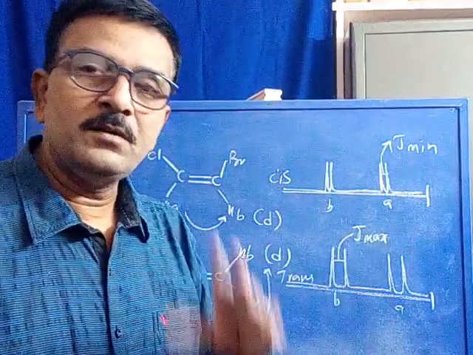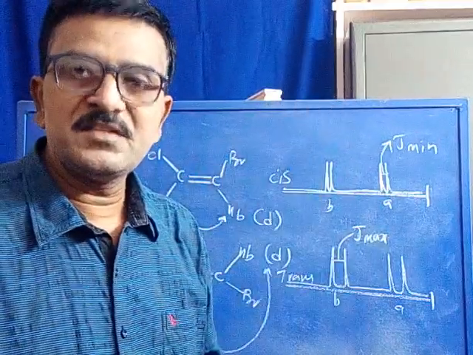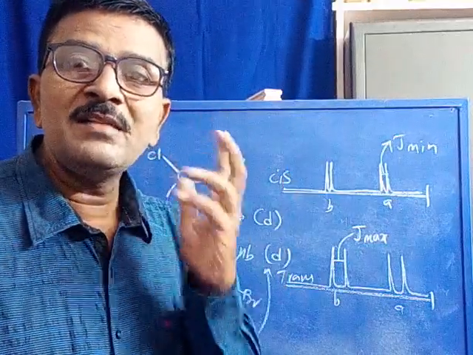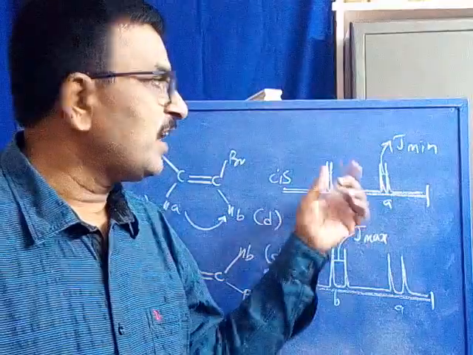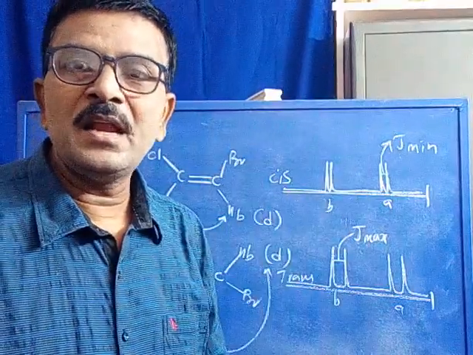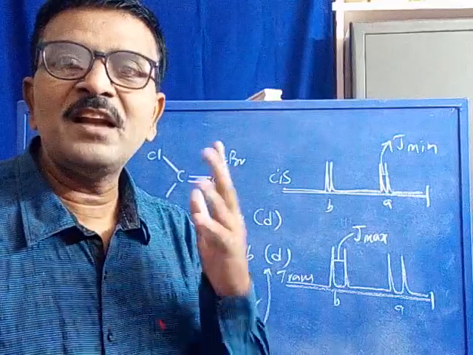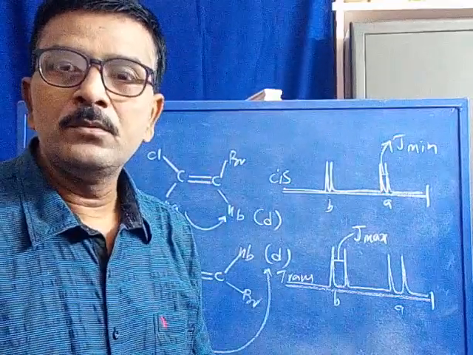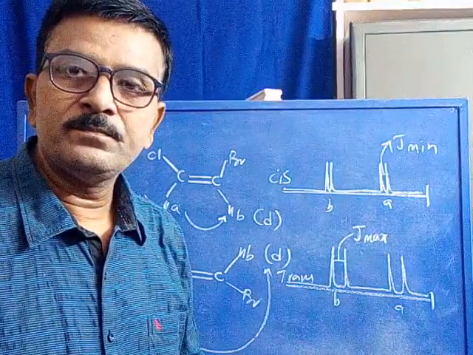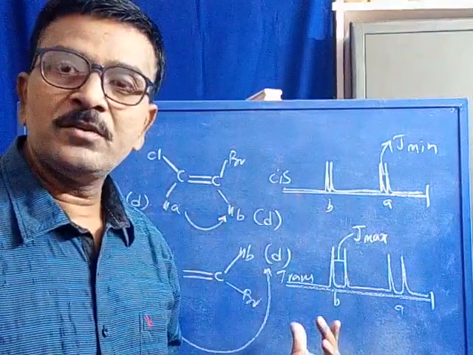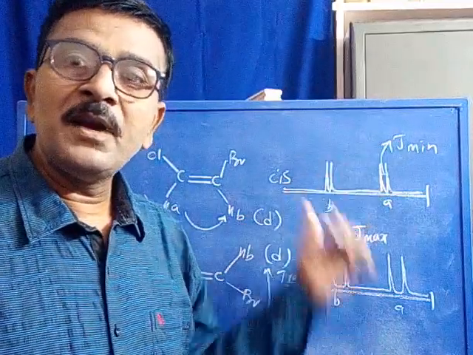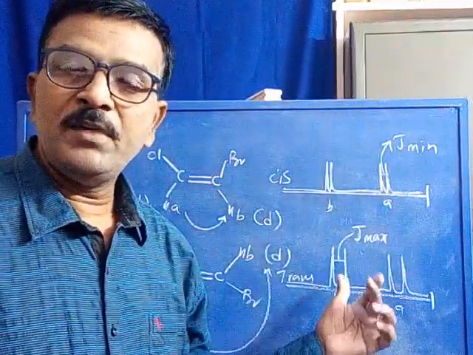Just now we discussed J trans is always greater than J cis. In case of the trans isomer, the coupling constant value is nearly 16.0 Hz, whereas in case of the cis isomer, the coupling constant value is nearly 8.0. So based on the coupling constant value, we can distinguish the cis isomer from the trans isomer, as both isomers have two signals in their spectrum with the same multiplicity, doublet doublet.